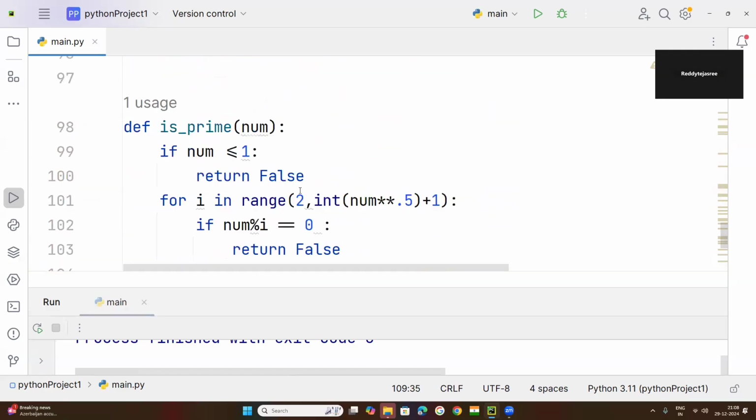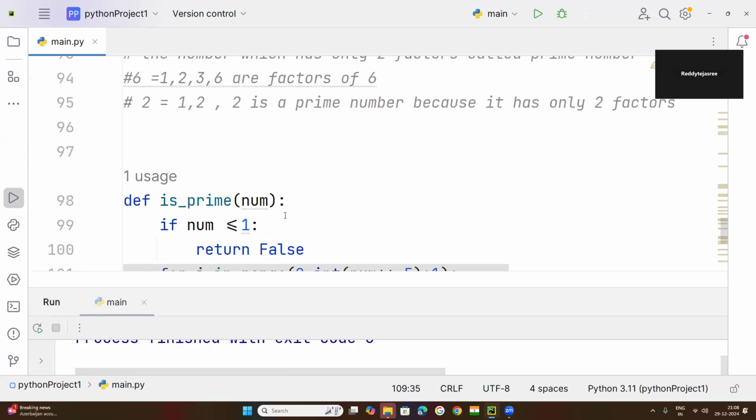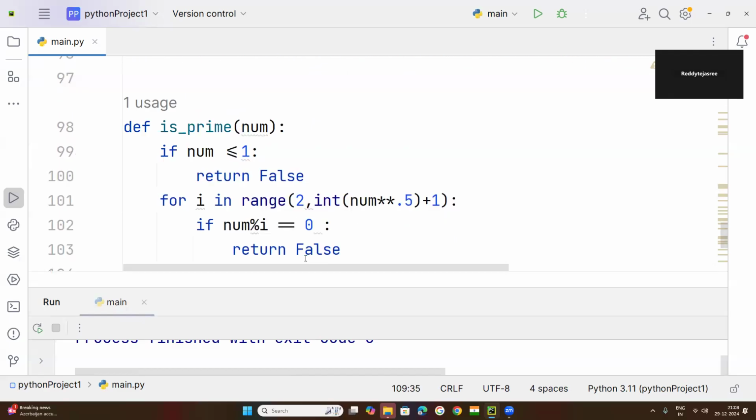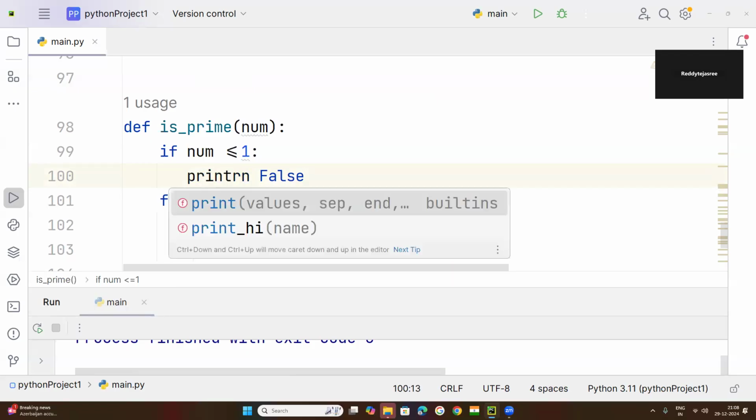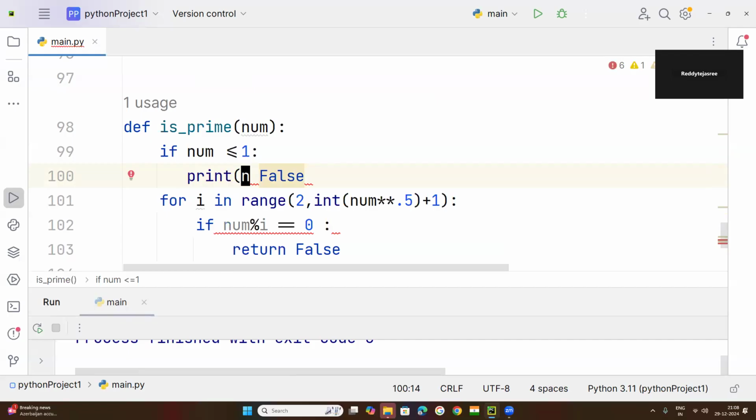Okay. This is up to okay, but at that moment if I want to use one statement here, print enter greater than 1.